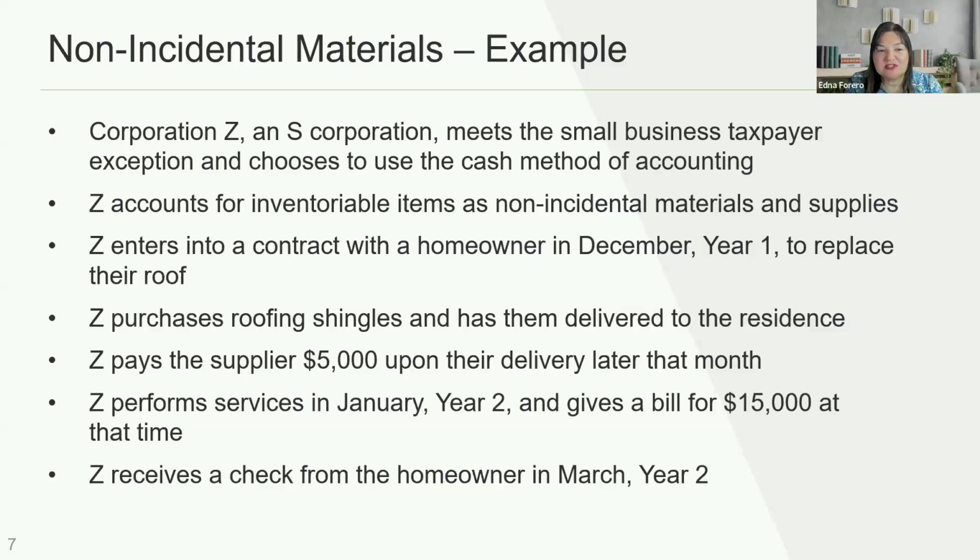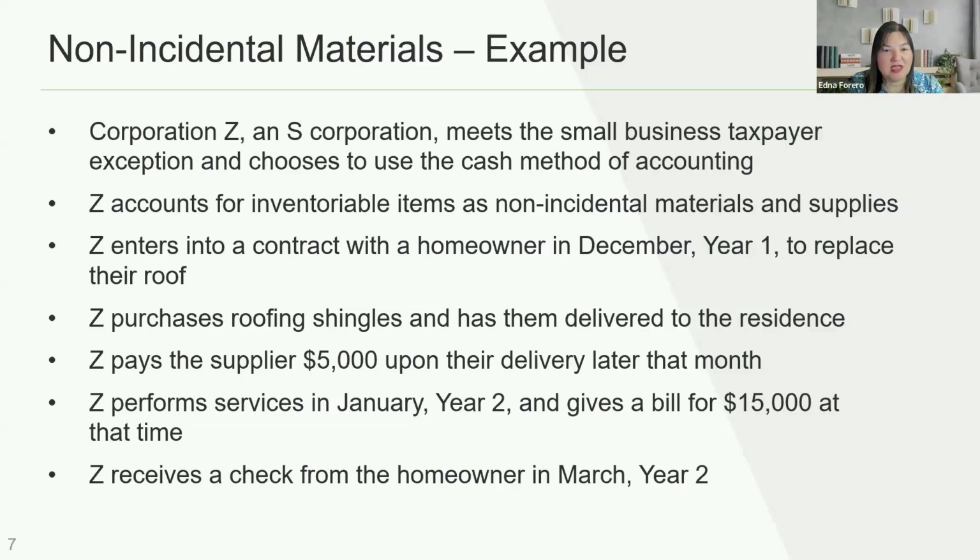Z purchases the roofing shingles and has them delivered to the residence, and he pays the supplier $5,000 upon their delivery later that month. But Z doesn't perform the services until January of year 2, and then gives a bill of $15,000 to the homeowner at that time. He receives a check from the homeowner in March of year 2.